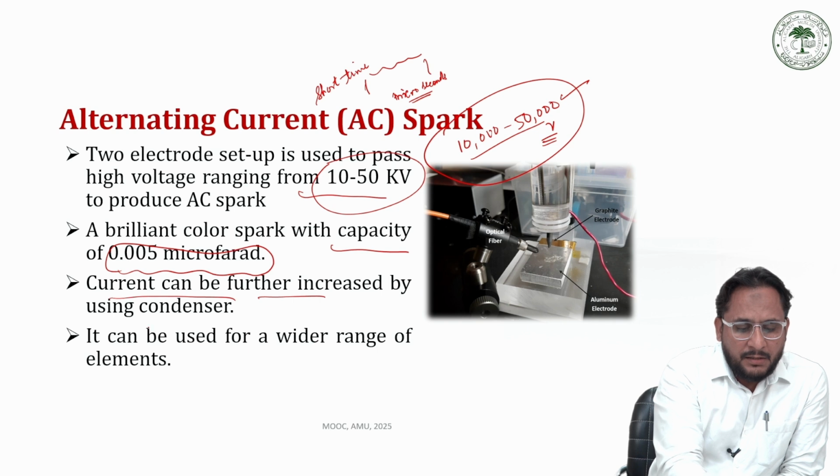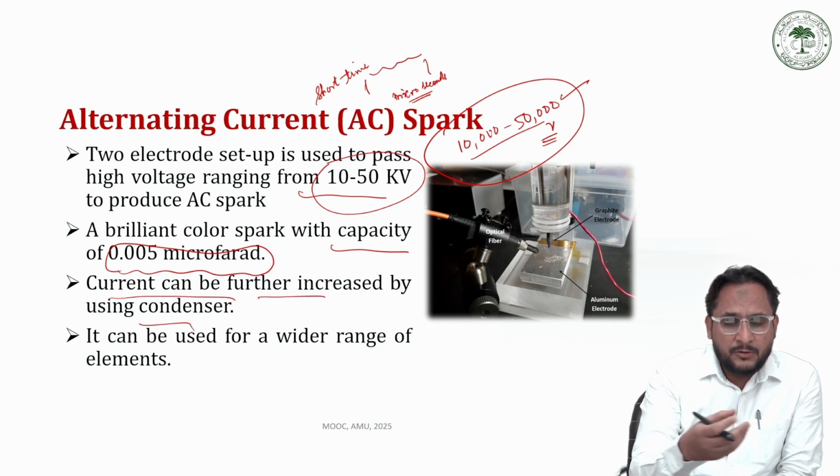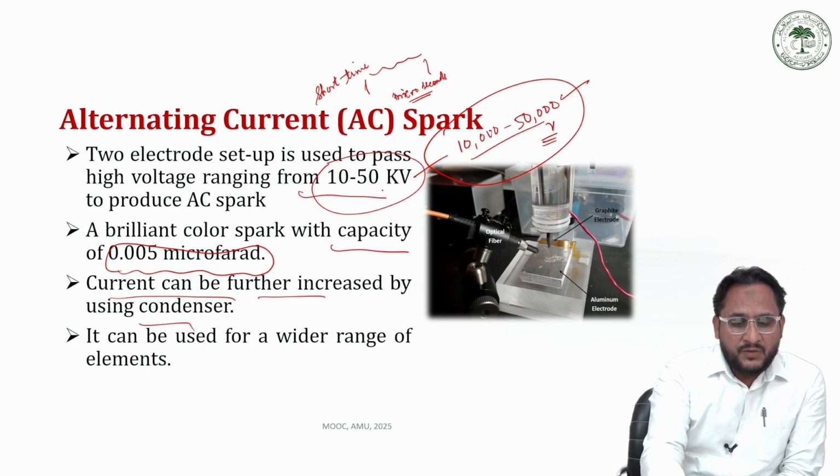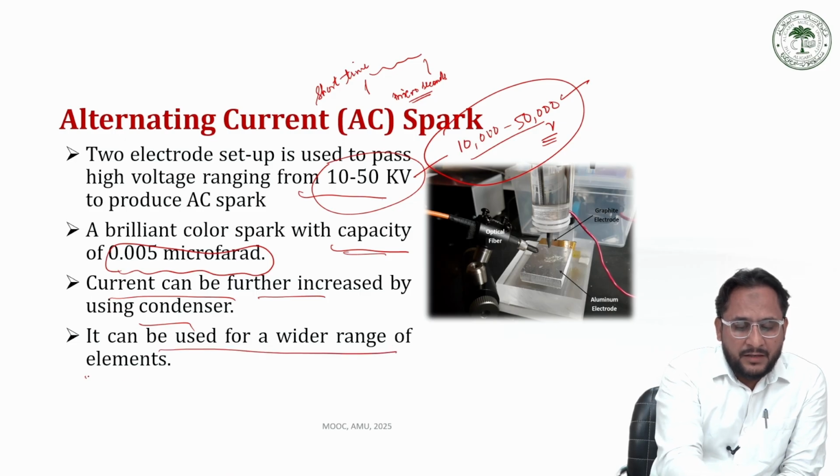Clear? So the current can be further increased. Sometimes condensers are also used to increase the current, but this voltage is also sufficient to create a high energy with the help of a capacitor, and this technique is used for a wide range of samples.